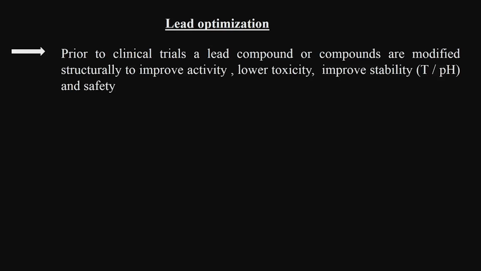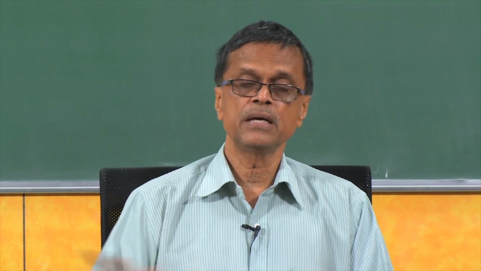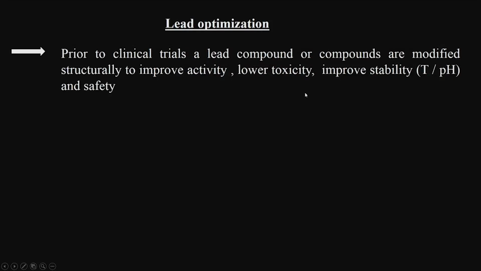Now you have looked at one or two, or maybe a few candidates which look very promising and have good activity, but as I have been telling, it should also have lower toxicity and good stability: temperature, pH, safety. That is where lead optimization comes into the picture. A compound which is very active may be very toxic.